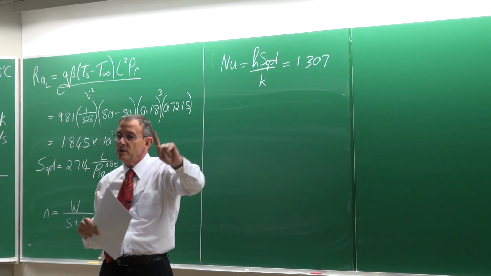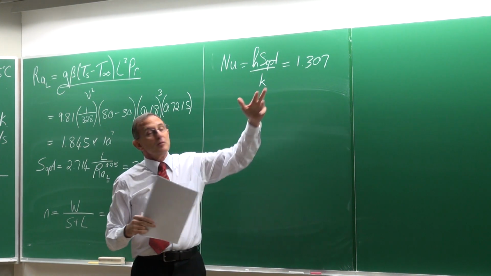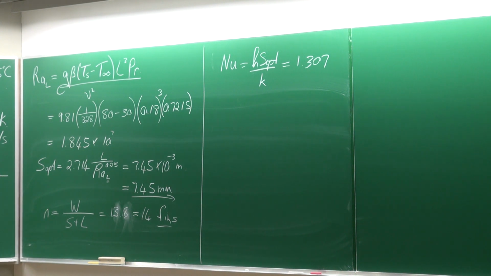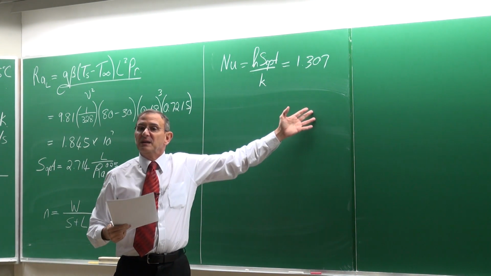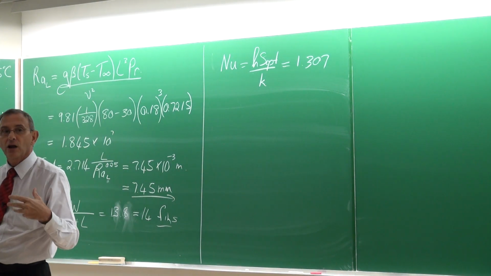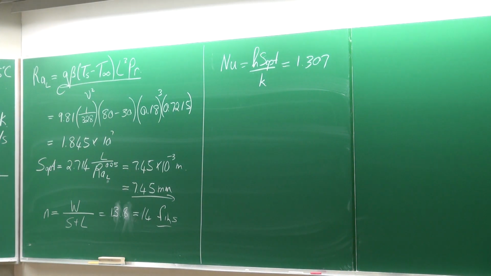The Nusselt number would be 1. So a Nusselt number of 1.307 means that the fins enhances the heat transfer by about 30%. It is low, but that is typically what happens with natural convection.